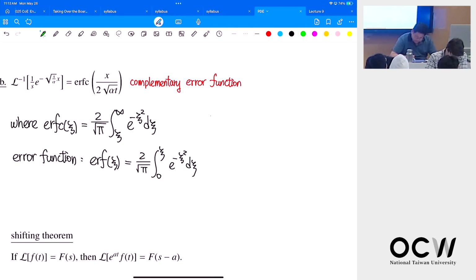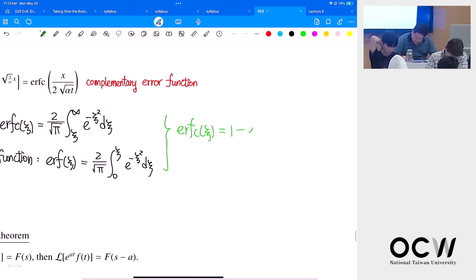So overall, you can see that the complementary error function is 1 minus the error function.